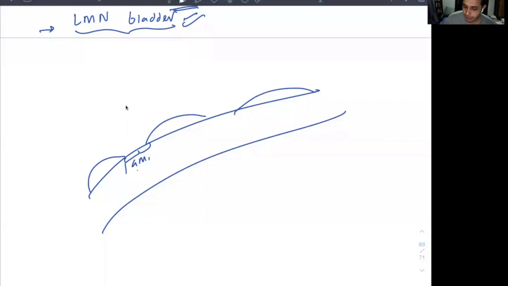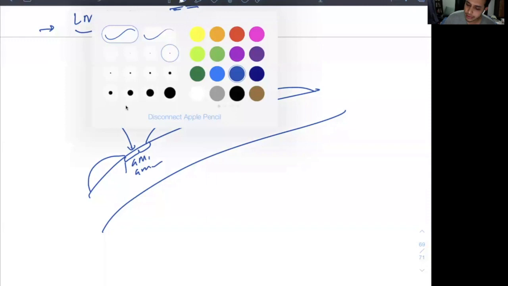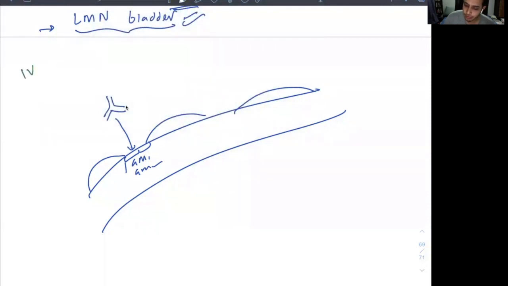So you have GM1, GM2, all those. So you have gangliosides, and you have these antibodies that come and start acting against the gangliosides. So there are basically two forms of treatment that you give. You can give IVIG or you can give plasmapheresis.